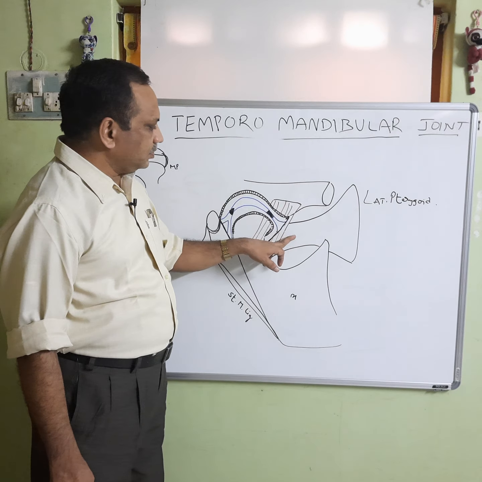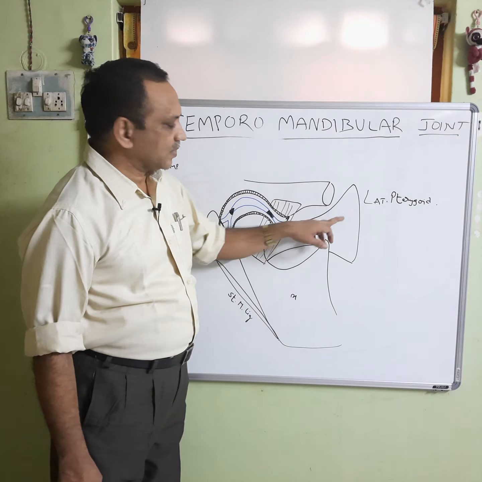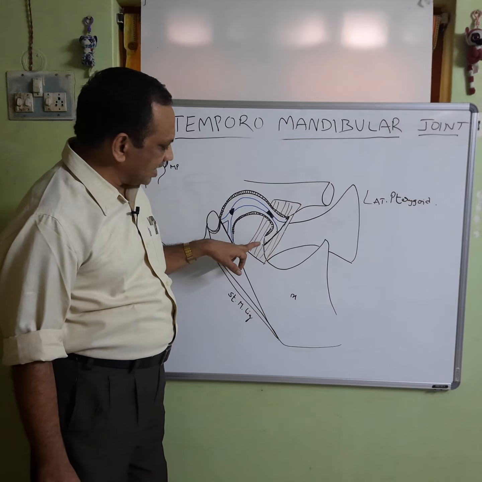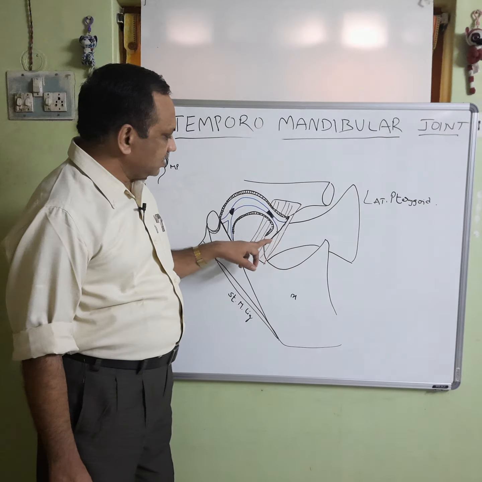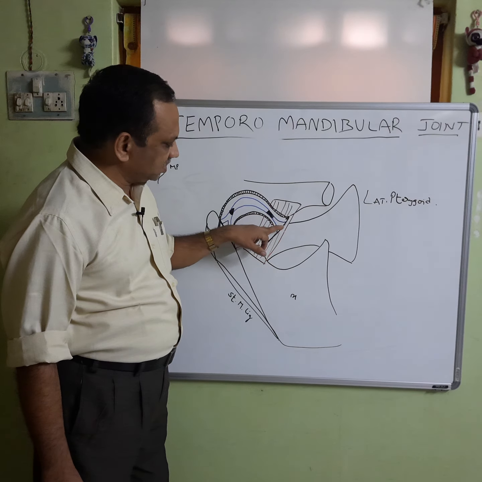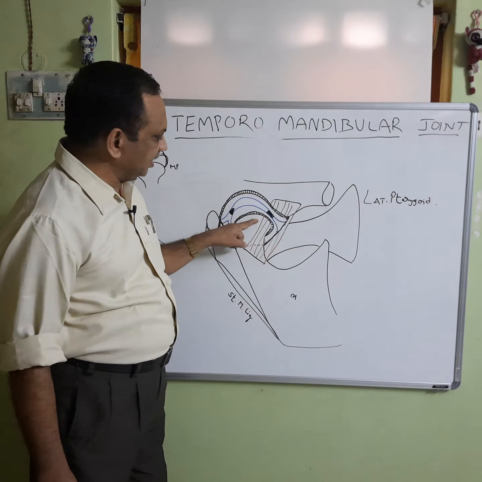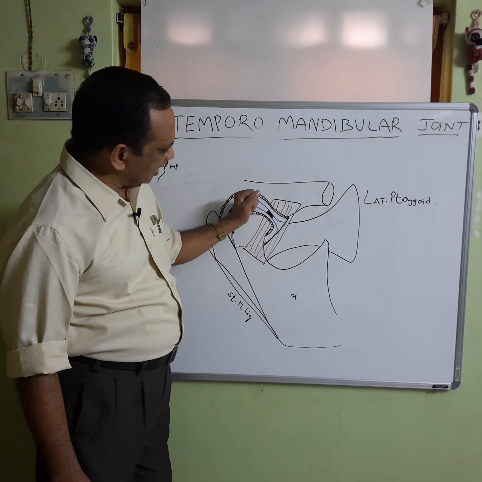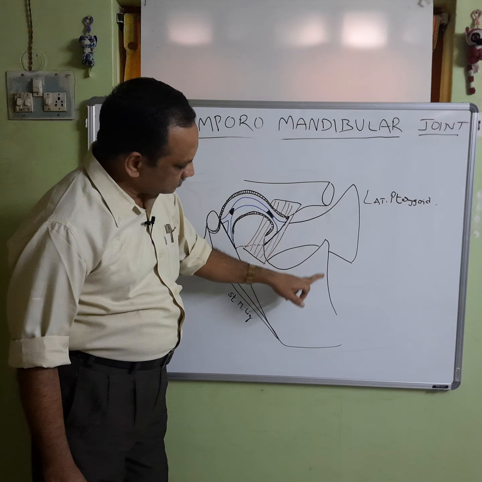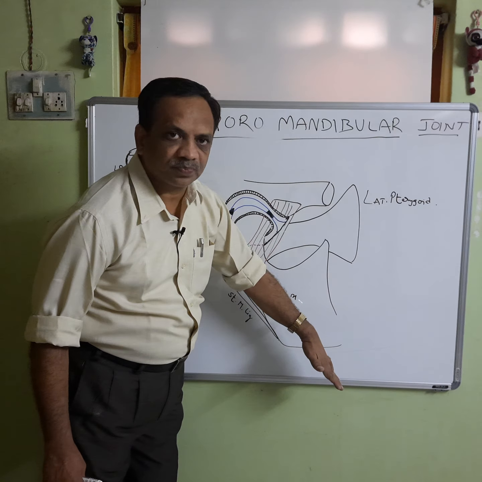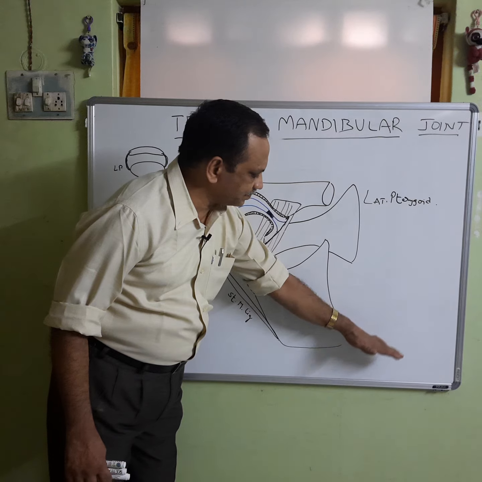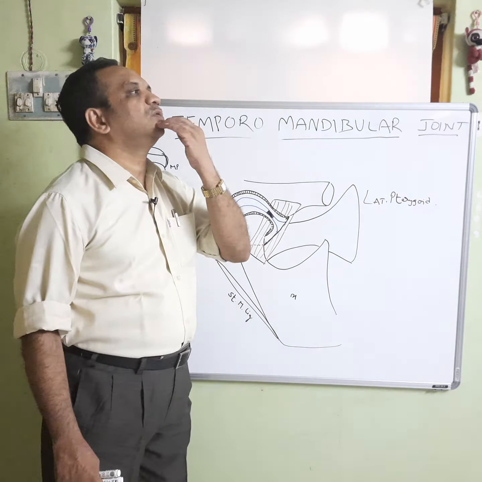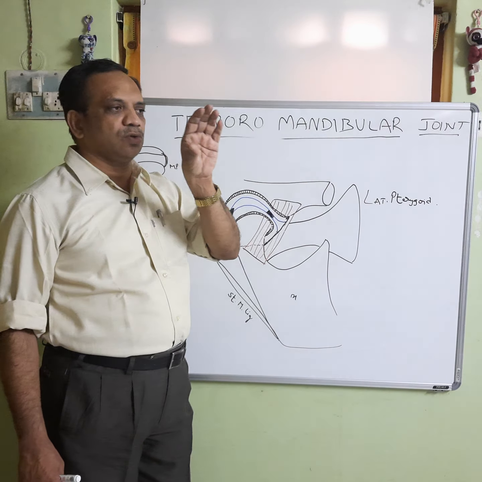So, if this contracts, especially the lower head, it pulls the neck and this disc forward. Thus, it glides in this joint so that this part goes down. That means the mandible depresses, it goes down, thus the mouth is opened.